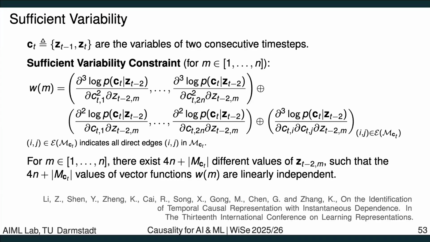If you construct this sort of vector, the theorem that the authors propose is that you need to have a particular number of rows from your observations, and at least 4n plus some constant of those rows need to be linearly independent.